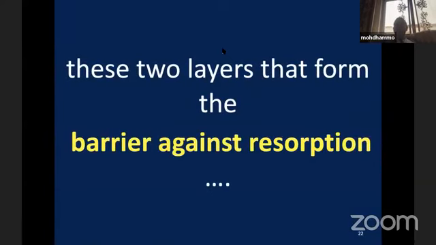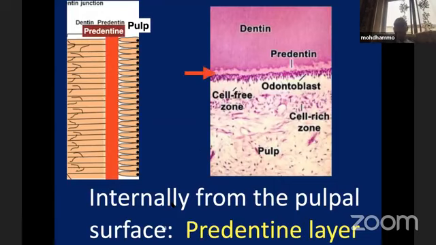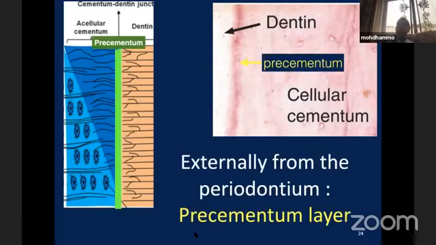These two layers form the barrier against resorption. Internally, from the pulp surface, there is the pre-dentine layer, and this layer is non-mineralized. The second layer is between the dentine and cementum, called pre-cementum, which is externally from the periodontium.